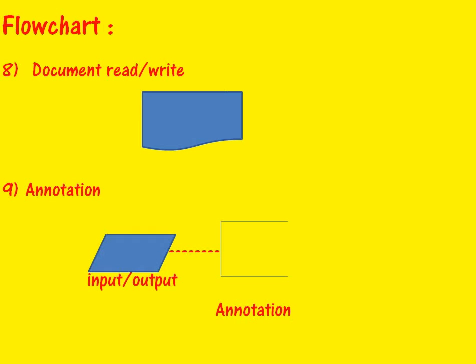Annotation means comment. In a program you write comments; likewise, in a flowchart you use annotation. In simple English, you can write the statement or meaning of that specific shape, and that is called annotation. So these are the 9 major symbols we use in representing a flowchart.